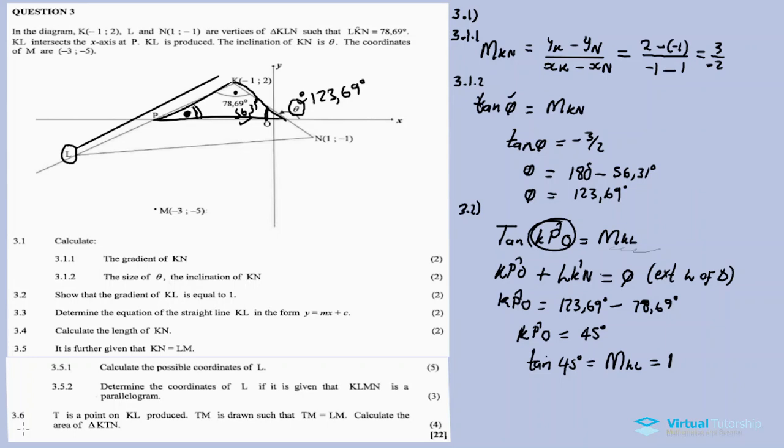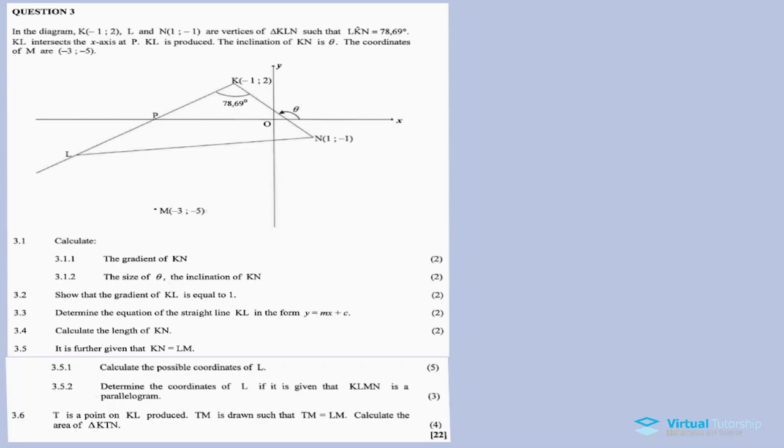3.3, determine the equation of the straight line KL. If we calculate the equation of a straight line on a Cartesian plane in analytical geometry, we use the formula y minus y1 equal to mKL times (x minus x1).